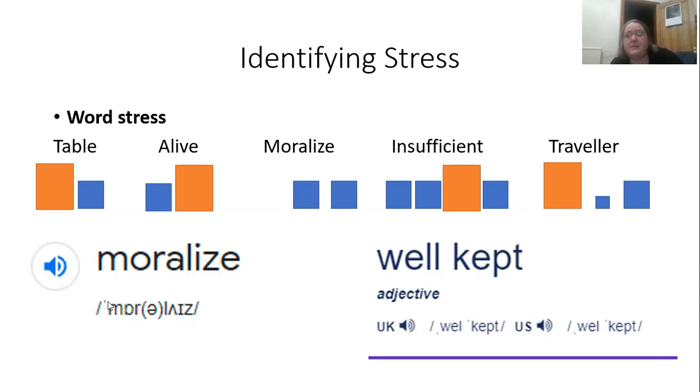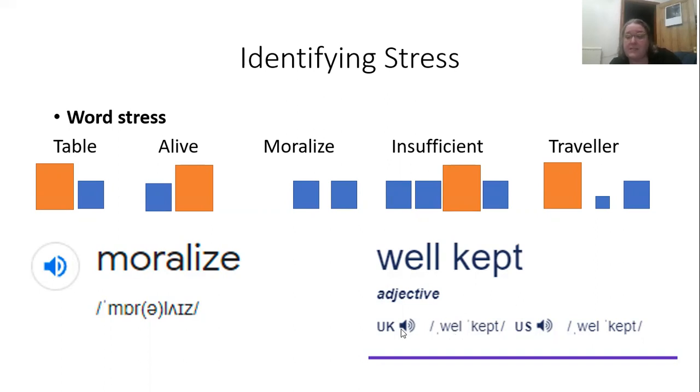That means that this is the stressed syllable. This I've taken from a dictionary entry online. The word is well kept, and you can see there is a small mark here at the bottom and at the top to tell us that both of these syllables are stressed, which you'll quite often find in portmanteau words.